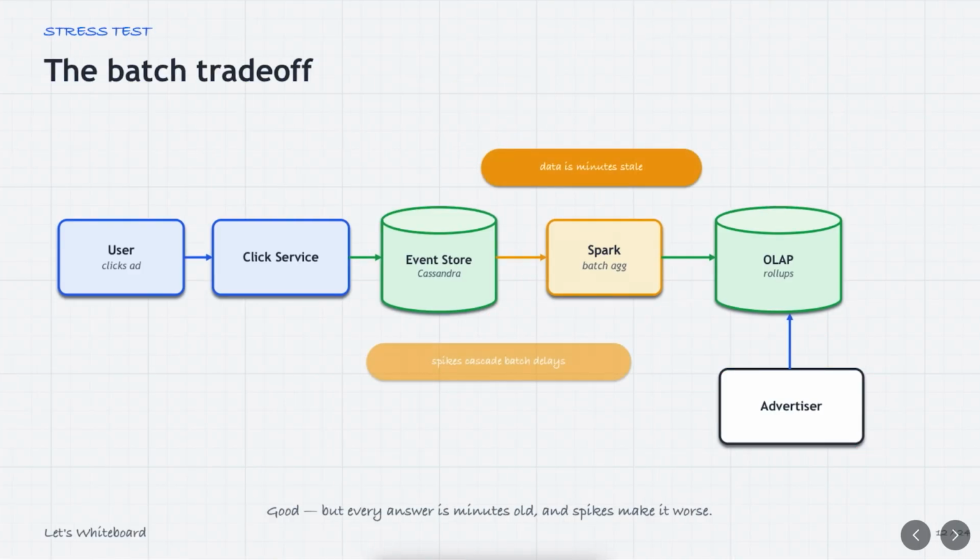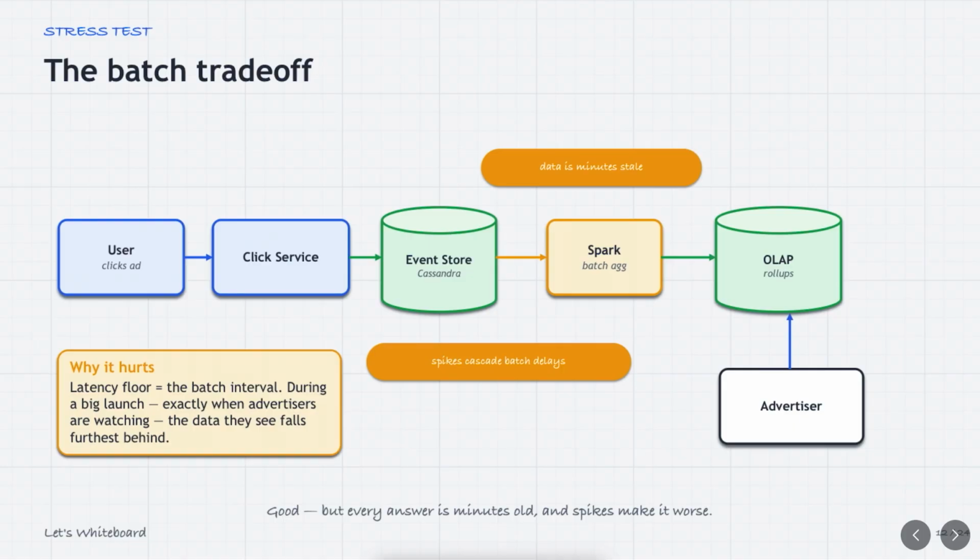But there is one problem that happens in it, and the problem is that when we have Spark, we aggregate it. When we aggregate it, data becomes stale. Like if we run it in 2 minutes or 5 minutes, the data becomes stale. We don't have near real time data.